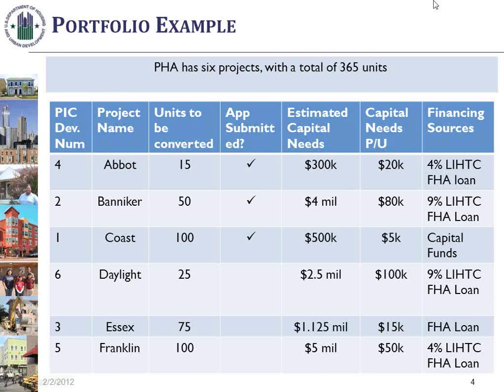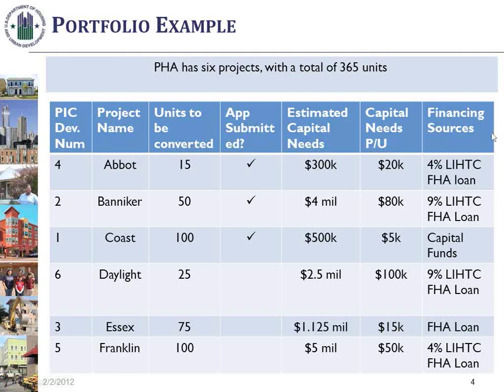So we've got the PIC development number, the name, the units to be converted, and then what's showing here is that projects 4, 2, and 1 are coming in the first application, and it shows roughly the estimated capital needs for the project and how much per unit and what the financing source is.